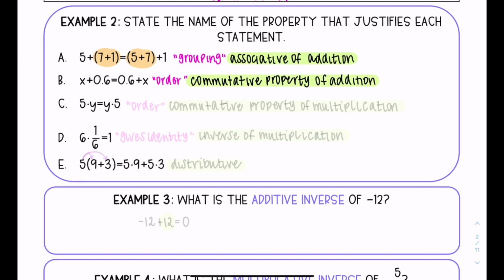We've got 5 times y equals y times 5. Well, again, what changed here was the order. But now I'm dealing with multiplication. So this is the commutative property of multiplication.